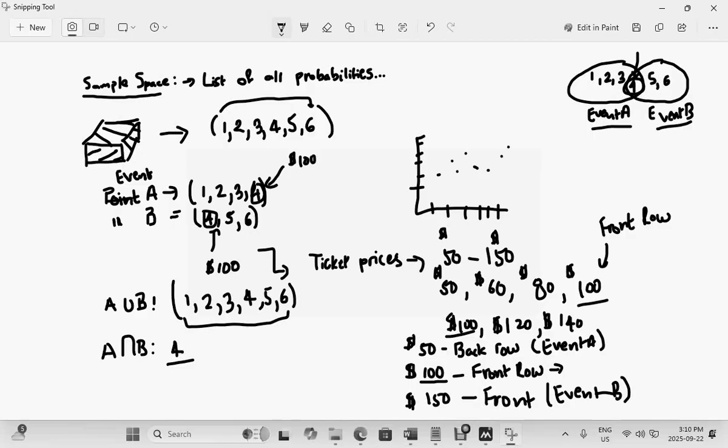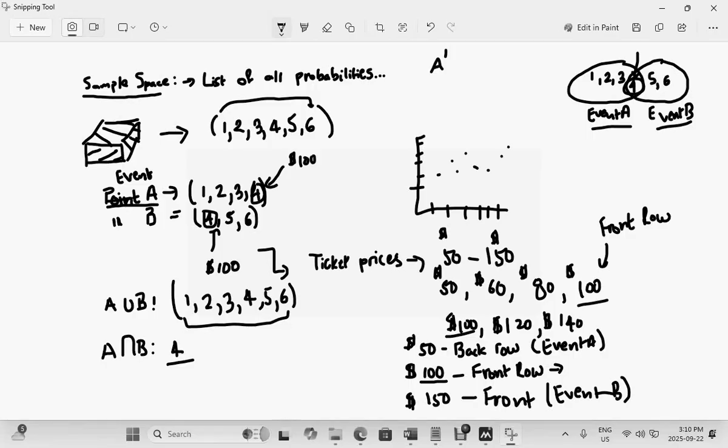All right, now apart from that, you also have what's called the complement. For example, the complement of event A is sort of like your derivative when you write it down.